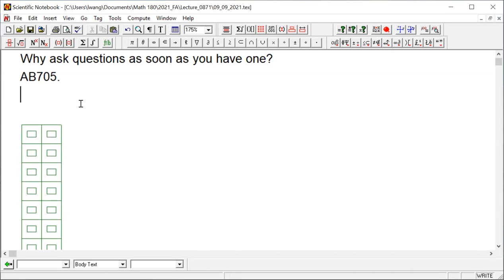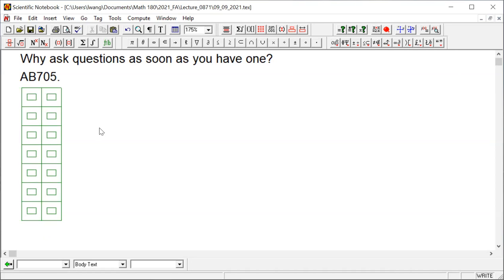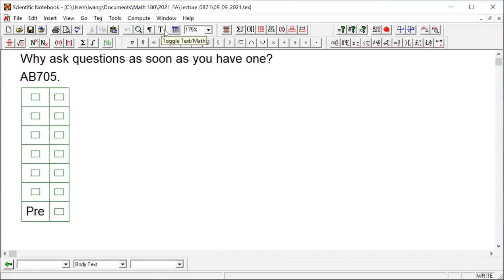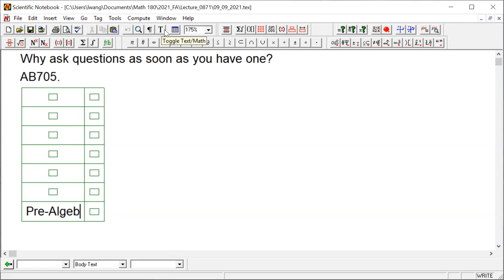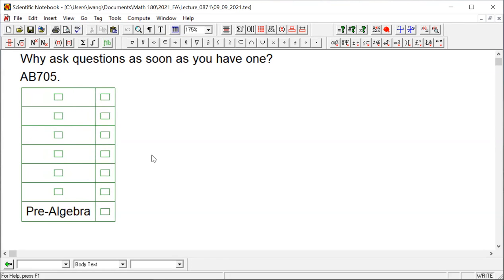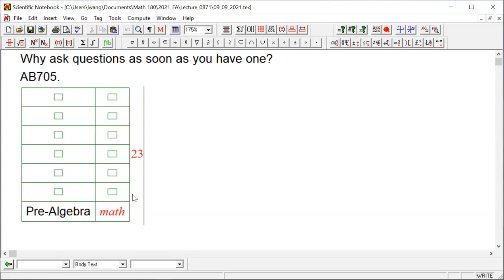Some of these courses may sound familiar to you because AB 705 has just been implemented for about 2 years. So the first class you'll be taking is probably pre-algebra, and typically we call that Math 23.